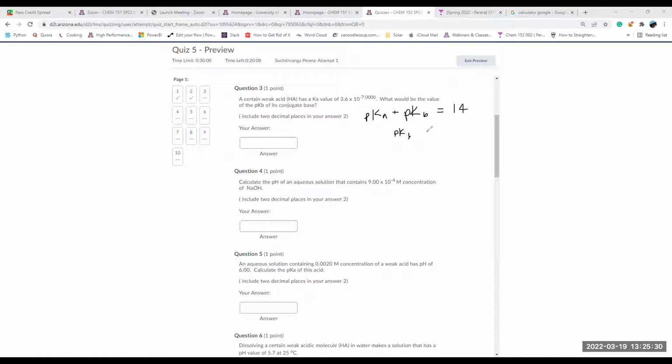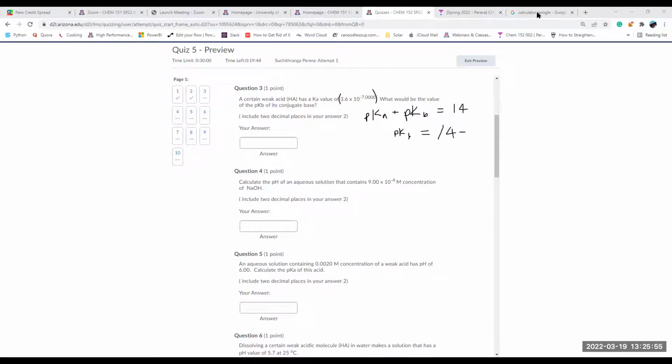is equal to 14 minus pKa. And we define the pKa using the Ka value, which is this. I'm going to use the Google calculator. 3.6 times 10 to the power of minus 7.